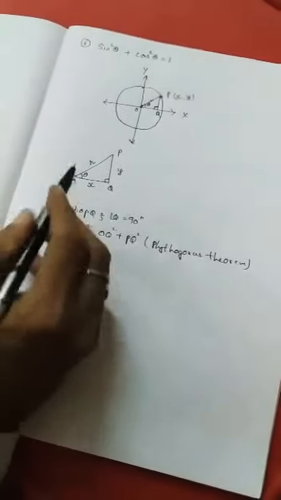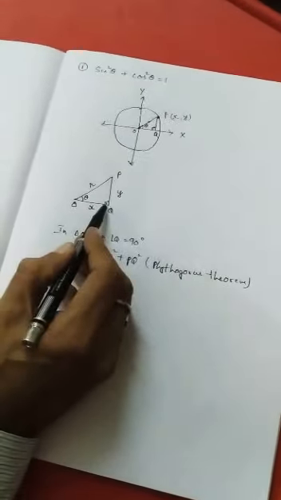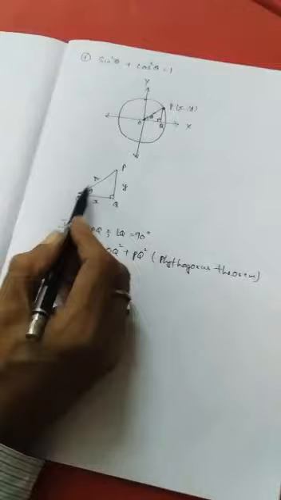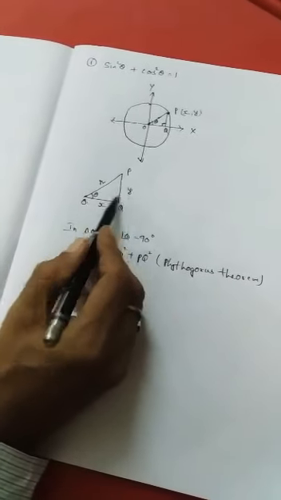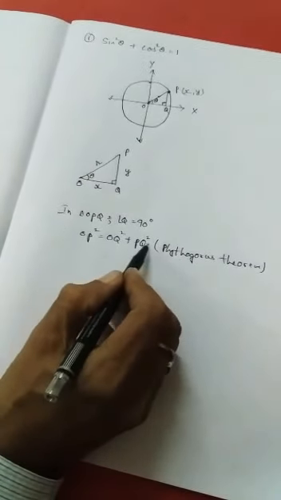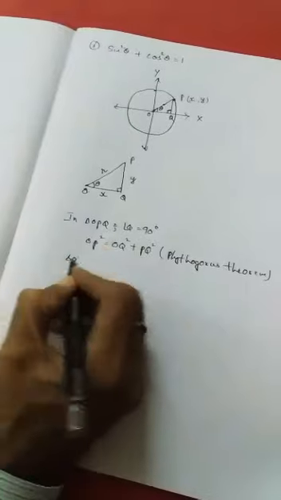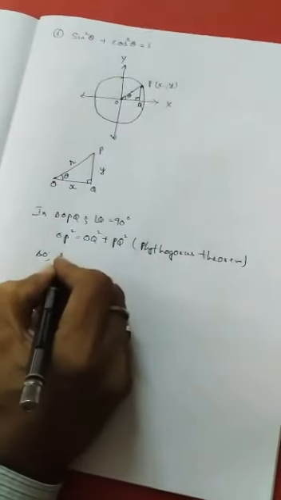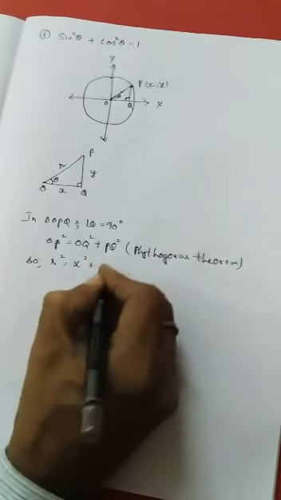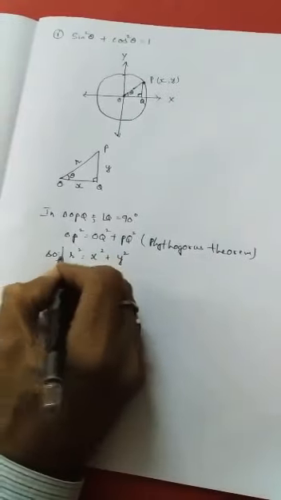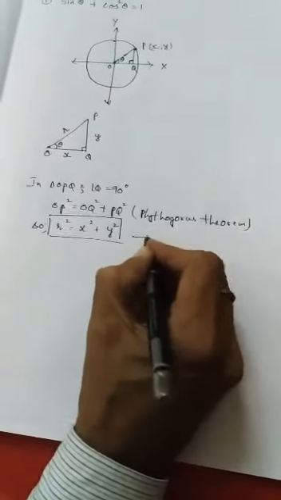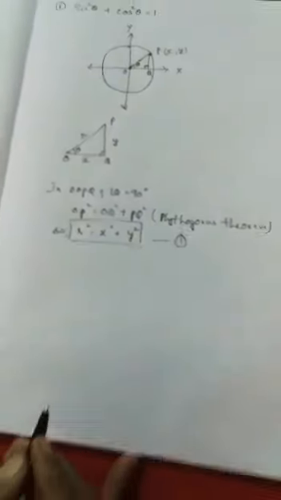Once again I will repeat, in triangle OPQ, since Q is 90 degrees, according to Pythagoras theorem, the square of the hypotenuse is equal to the sum of the squares of the other two sides. Therefore OP square is equal to OQ square plus PQ square. So here OP we took as r, so r square is equal to OQ is x, so x square. Similarly PQ square is y square. So r square is equal to x square plus y square. We take this as equation 1.